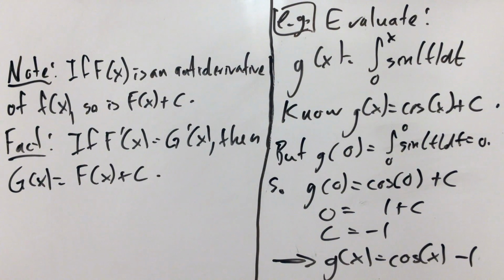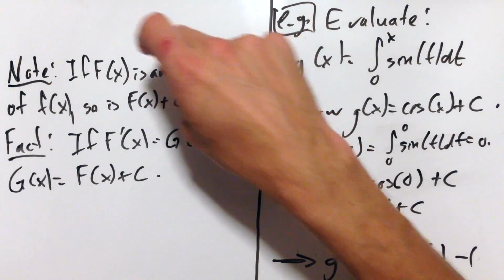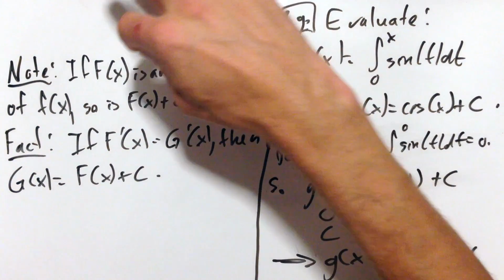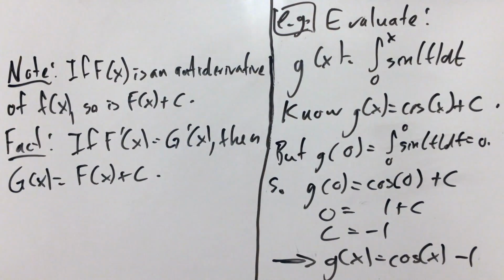Now, could there be any other antiderivatives creeping out there waiting for us other than this family of antiderivatives here, which is namely start with a fixed one and add all the constants to it to get all the rest of the antiderivatives? The fact is that for what we care about, no. These are all antiderivatives.